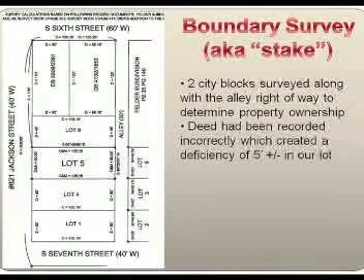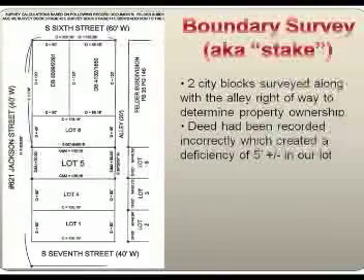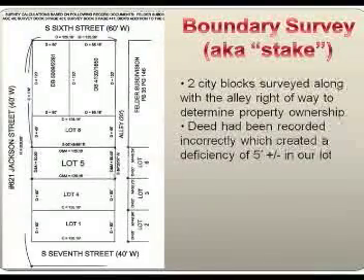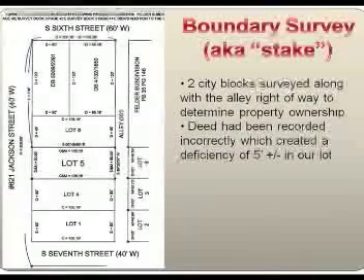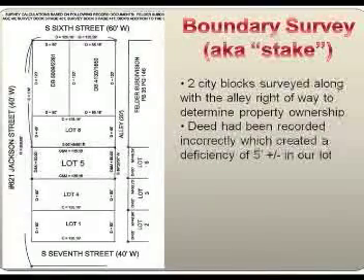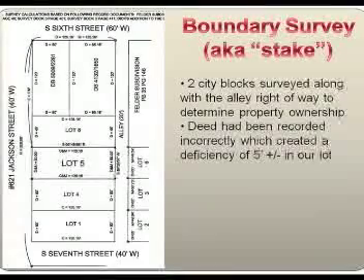So what ended up happening was they took the survey drawings down to the county, to the assessor's office, and said, here's what the survey has found and proved, and we need to make this right with the assessor, with the lot dimensions, so that we can re-record the deed to have it be correct.